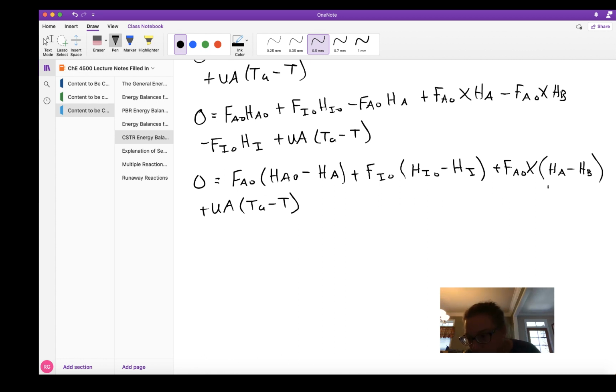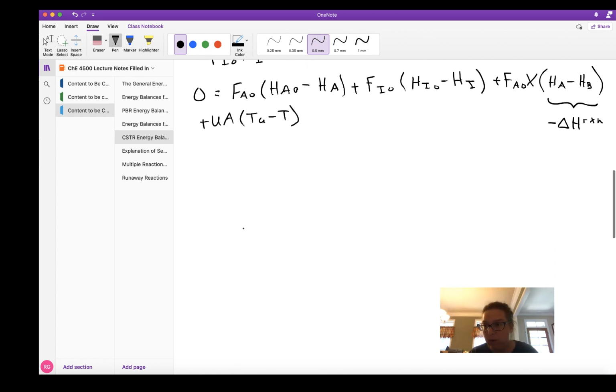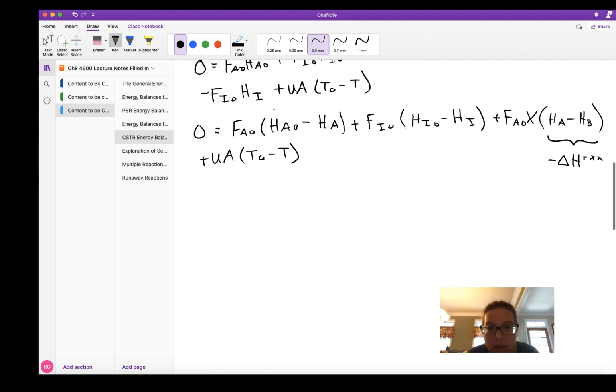This term is equal to negative heat of reaction. So that's what I always want to fall out of my energy balance. These terms are the sensible heat changes. So these are going to be equal to a heat capacity times a delta T.